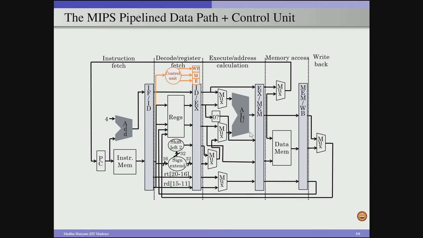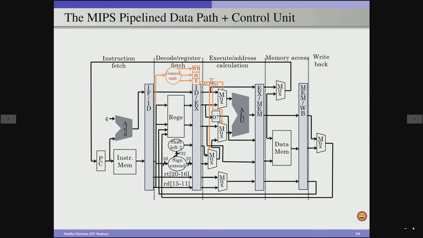This control unit generates signals to the execute stage, memory stage, and write back stage, and in the execute stage it generates signals as select inputs to the muxes. For example, this first mux is going to take 2 inputs, one coming from the register file, the other one coming from the PC.